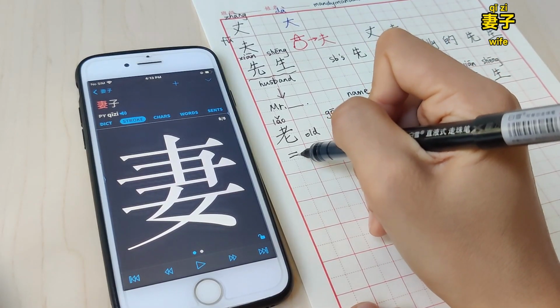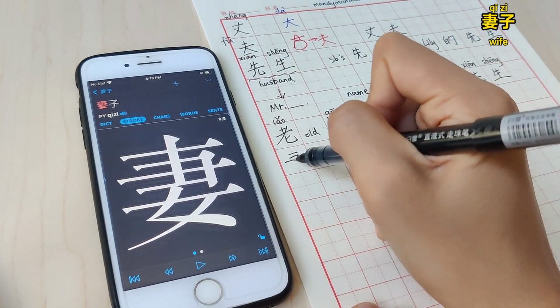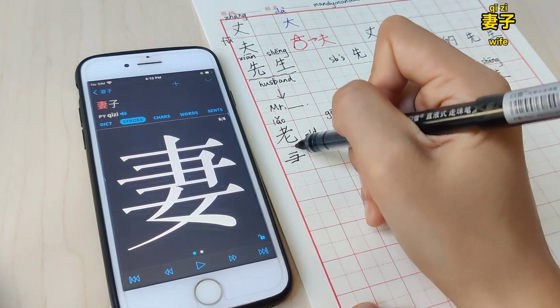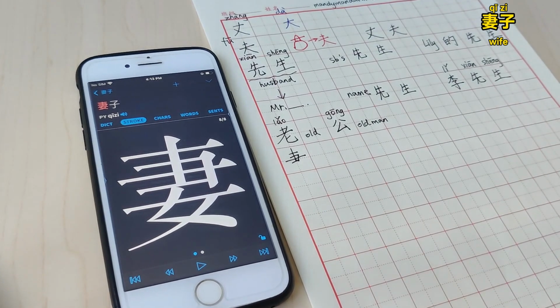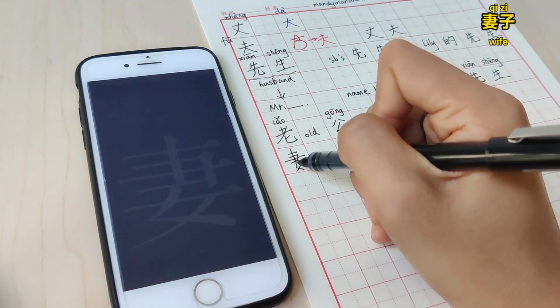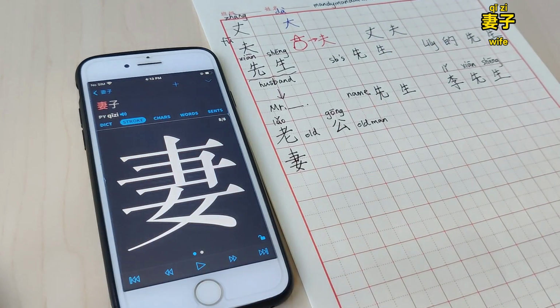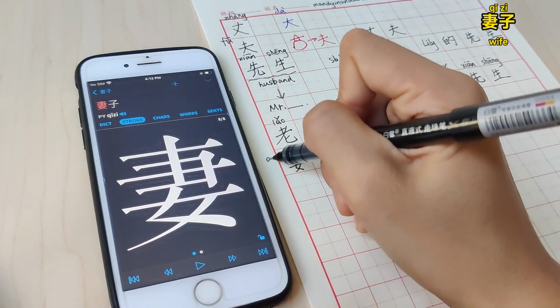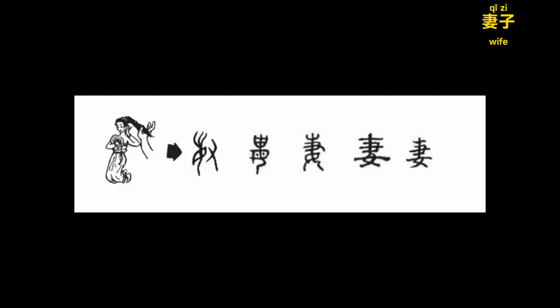1, 2, 3, 4, 5. And the bottom part, female radical. 1, 2, 3. Very good. This is 妻. And here is the picture of the evolution of the hanzi 妻.